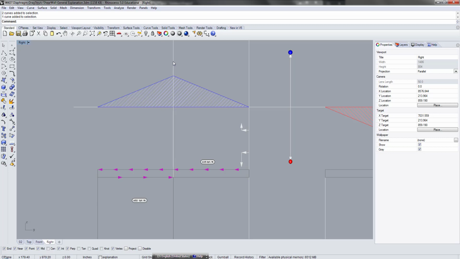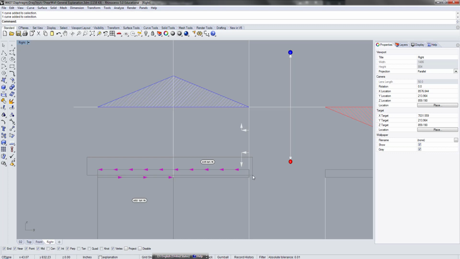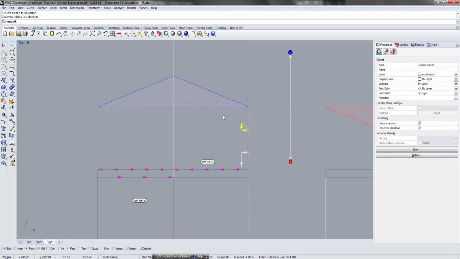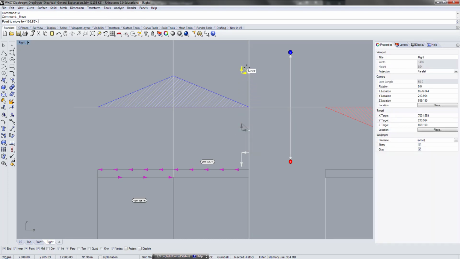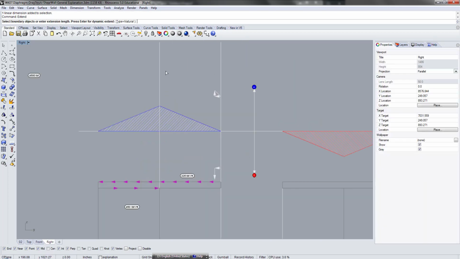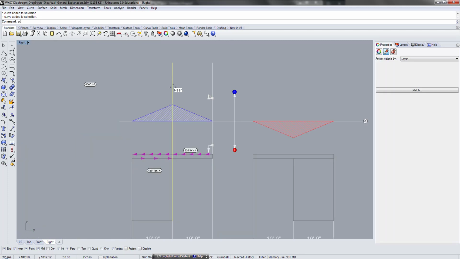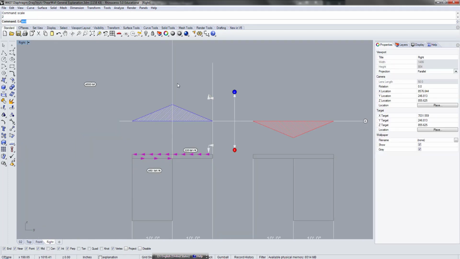Because on this portion of the graph I'm only experiencing this linear shear, the graph accumulates at this pace for 10 feet, right? So this keeps going up.